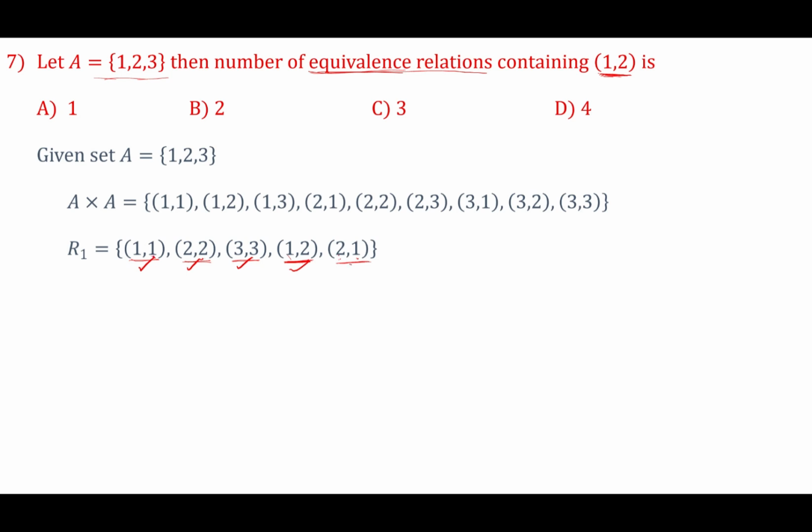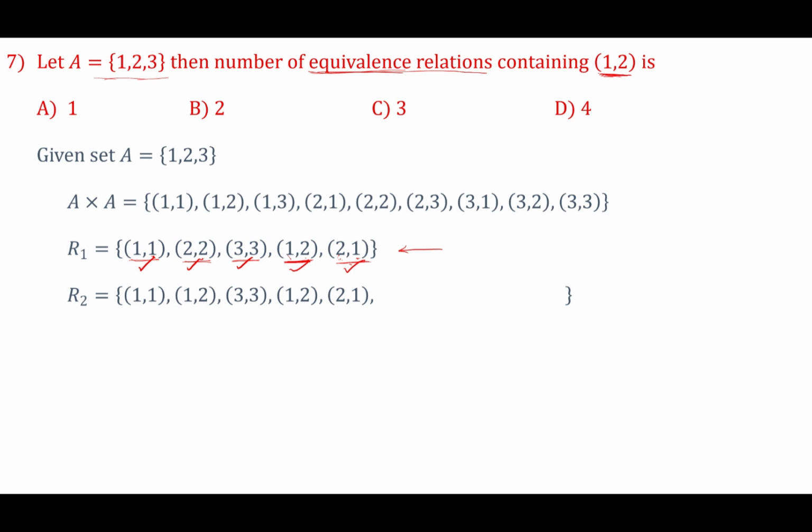Yes, it is here. (2,1), (1,2), which means (2,2) must be there. It is here. Check. So this also satisfies the transitivity test. So this relation is equivalence, which satisfies reflexive, symmetric, and transitive. Now check another one. Already we know this is symmetric, reflexive, and transitive, which is equivalence.